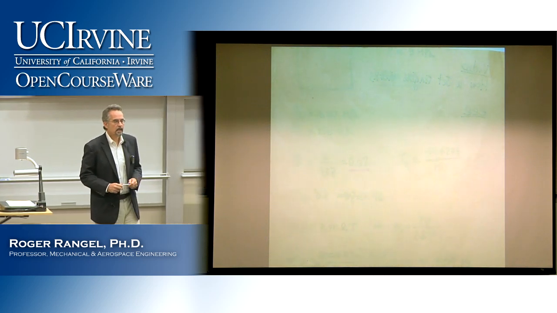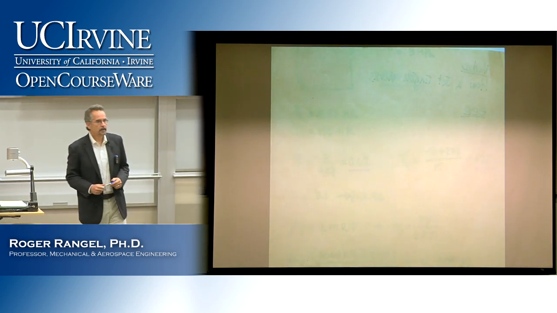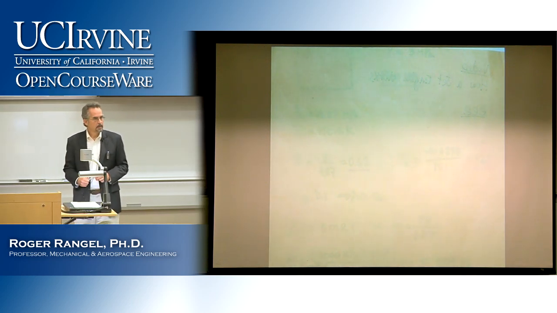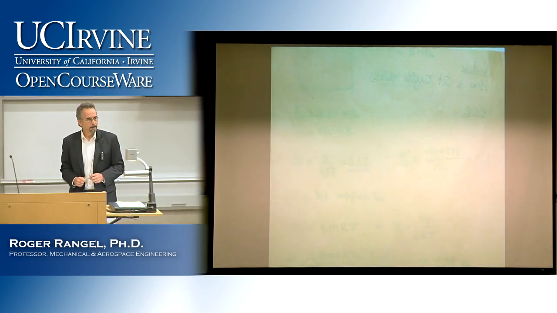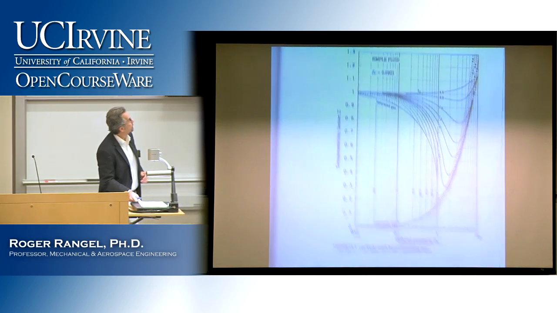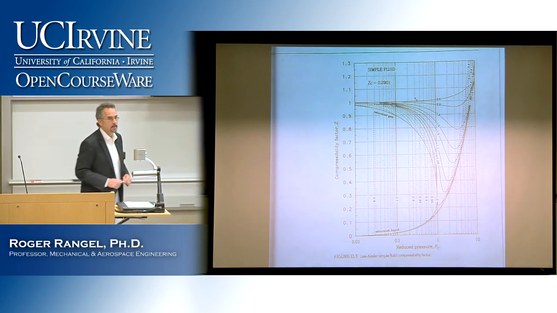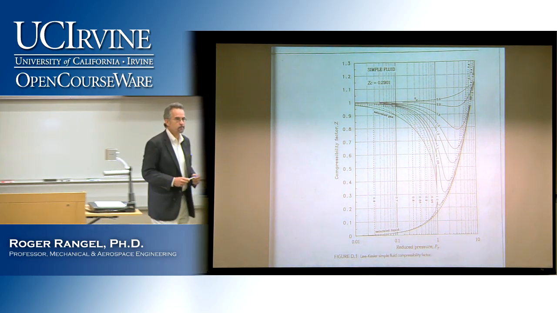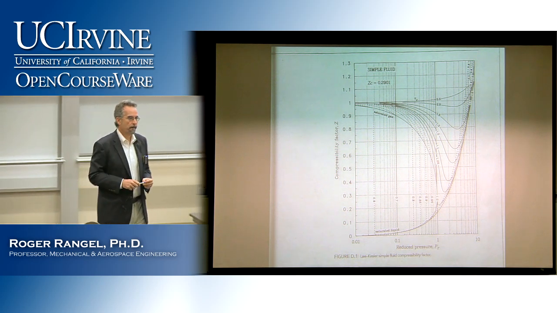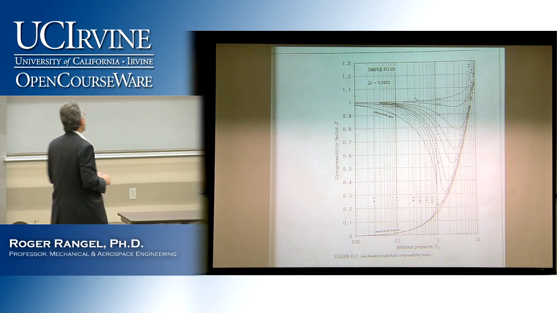Yes? Would you have to use a different compressibility factor if you're changing your state from two very different pressures or temperatures? No, this chart, if I understand your question, this chart is universal. I'm saying, let's say you start at a state that has a compressibility factor, then you go to a different state that's very far away. Oh, yeah, I see what you're saying.